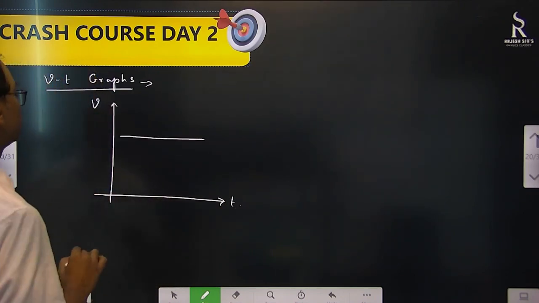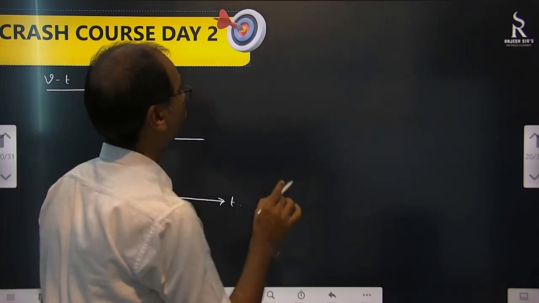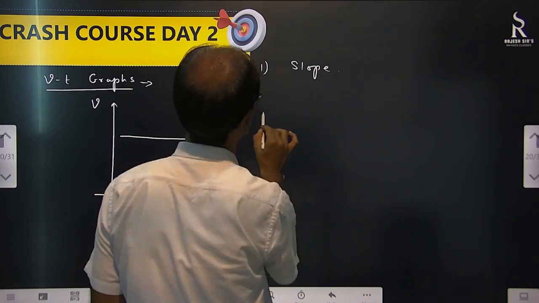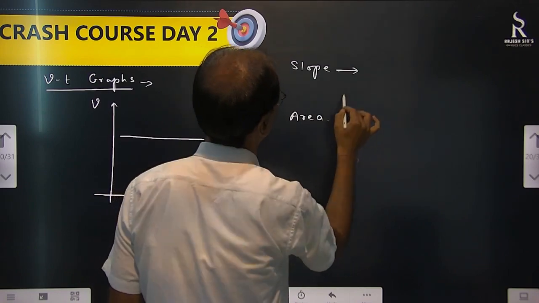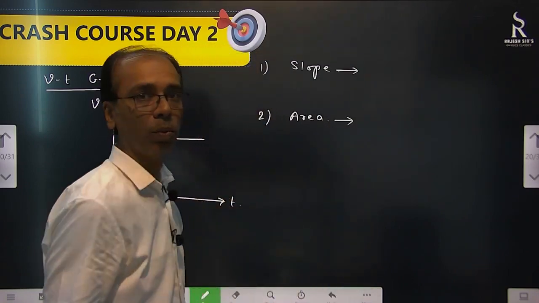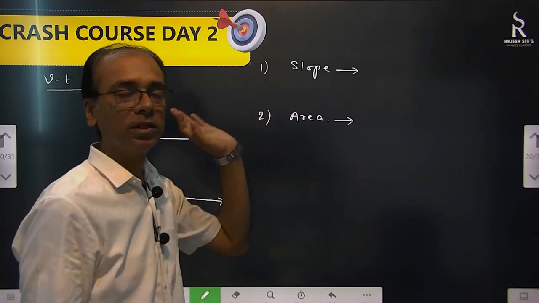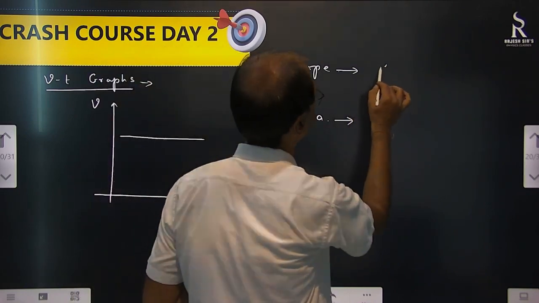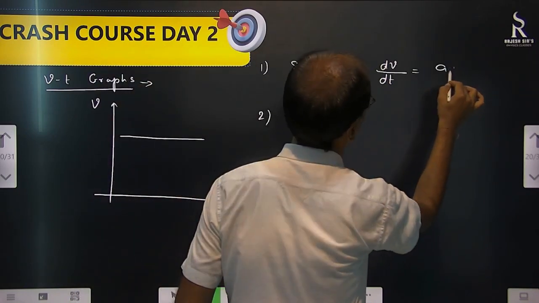As I told you, in graphs we are actually searching for two things: one is slope, another is area. What did I tell you, slope is what? Change along the y-axis by change along the x-axis. Who is along the y-axis? V. So slope here means dv by dt, and dv by dt is acceleration.